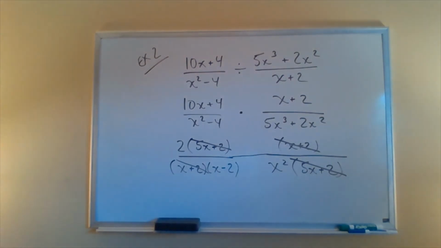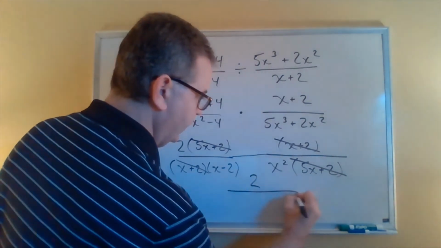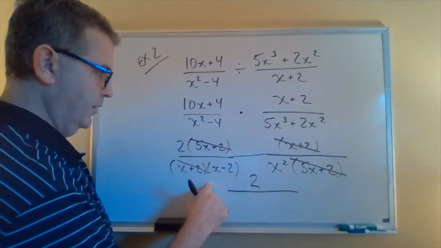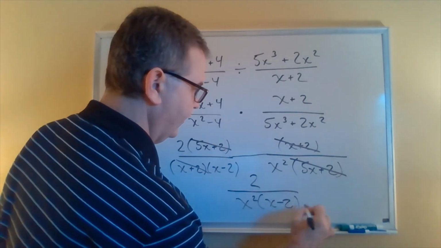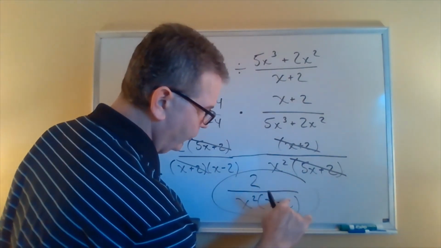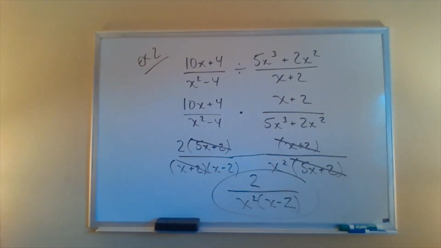I think that's about as far as we can go. So I'll be left with 2 in my numerator, and then on the bottom, I'll be left with x squared times x minus 2. So my final answer for example 2 is 2 over x squared times x minus 2.